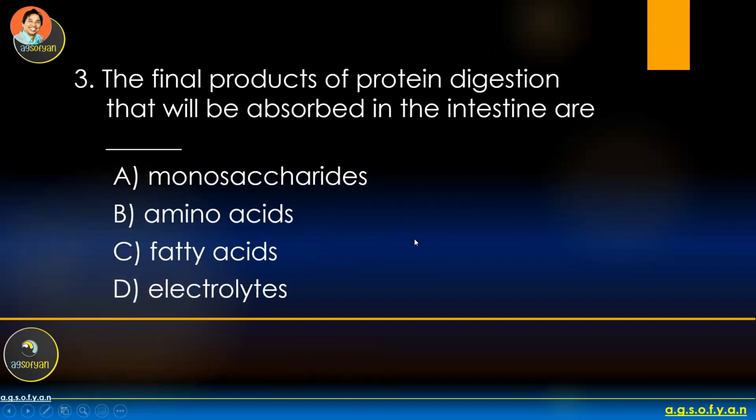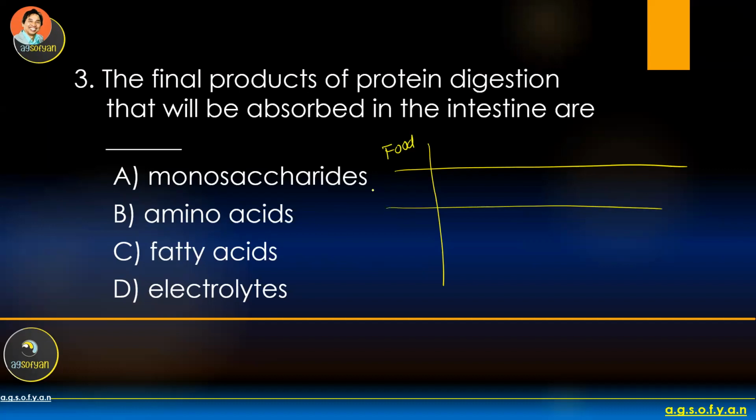The final products of protein digestion that will be absorbed in the intestines are A, B, C, or D. So remember again, the food that we eat is actually macromolecules, like proteins, carbohydrates, and lipids.